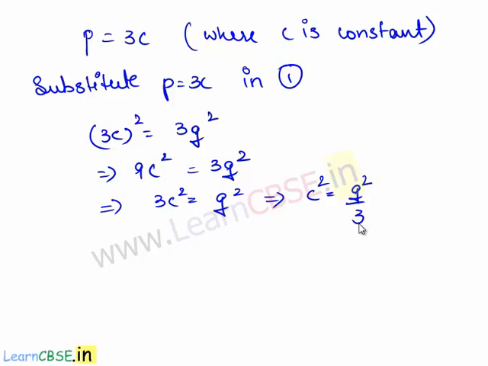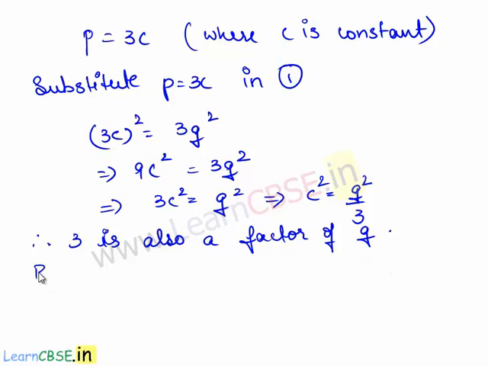From this expression we see that 3 divides q square, which also implies that 3 divides q. Therefore 3 is also a factor of q. So we have obtained two statements, that 3 is a factor of p and 3 is also a factor of q. Therefore 3 is a common factor for both p and q.